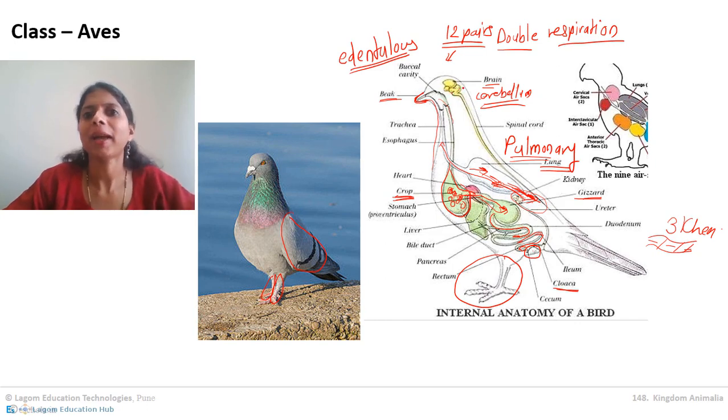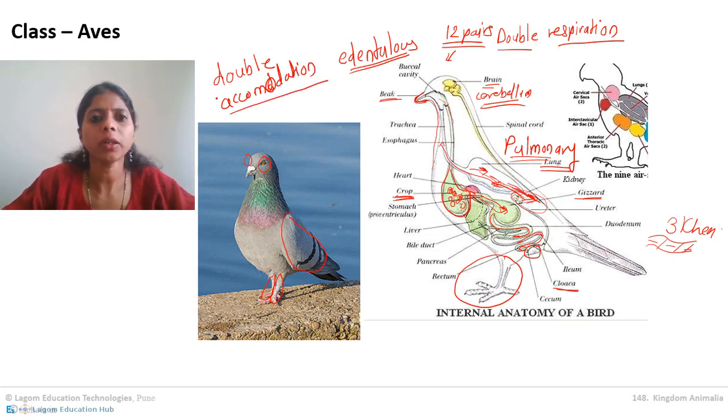Balance means equilibrium. Now the next nervous part which is well developed in birds is eyesight. Eyesight is very well developed. When we consider the eyesight of birds, one special term is used for it. It is called double accommodation.